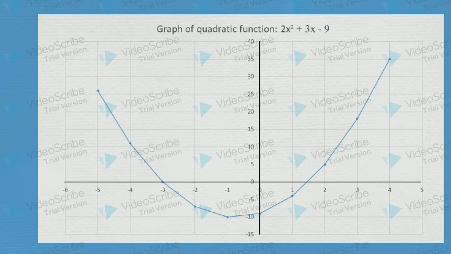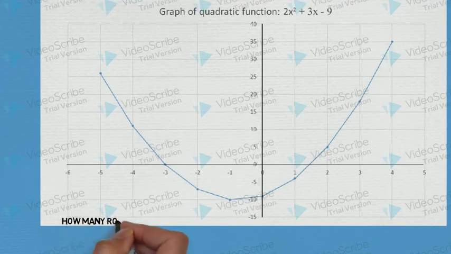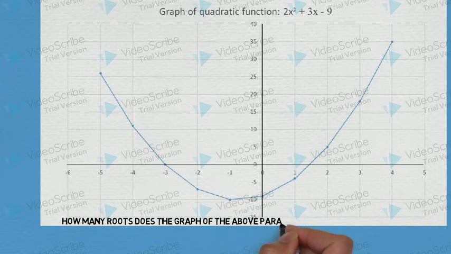For our first quadratic function, we have 2x squared plus 3x minus 9. How many roots does the graph of the above parabola have? A, 2, B, 1, or C, 0? Take your time and think about it.